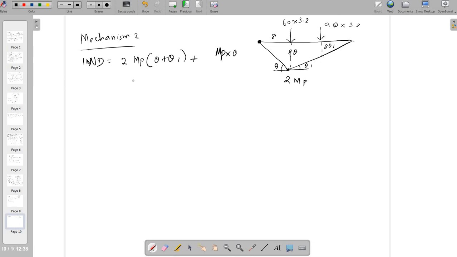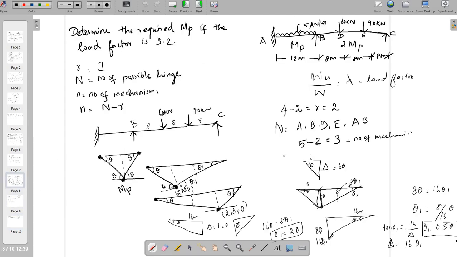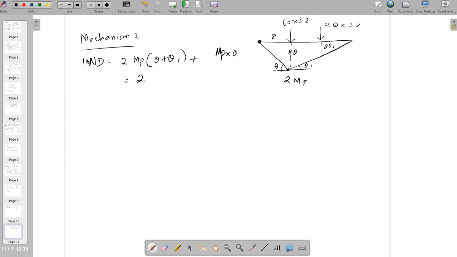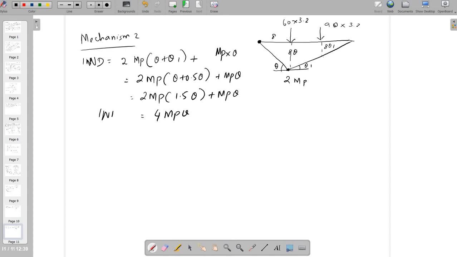Under the load only 2 MP is available. So we can make use of the relation previously formed. Theta 1 is equal to 0.5 theta for the second mechanism. 2 MP into theta plus 0.5 theta plus MP into theta. So 2 MP into 1.5 theta plus MP into theta. So 1.5 into 2 is 3 MP theta plus 1 MP theta is equal to 4 MP theta. So this is all about internal work done.